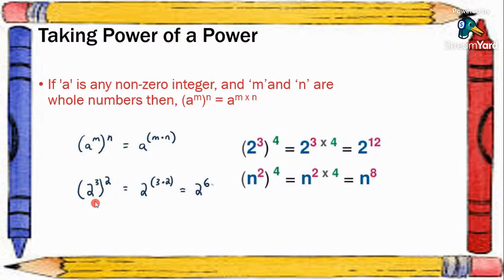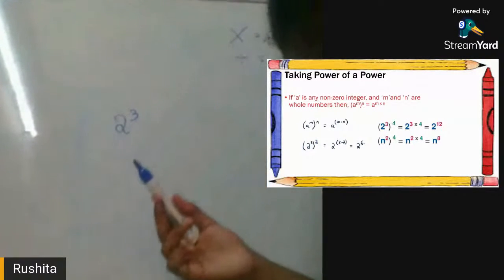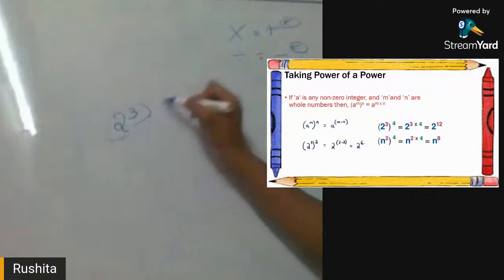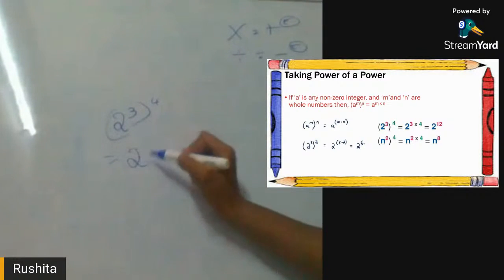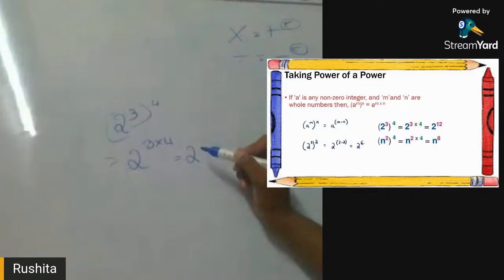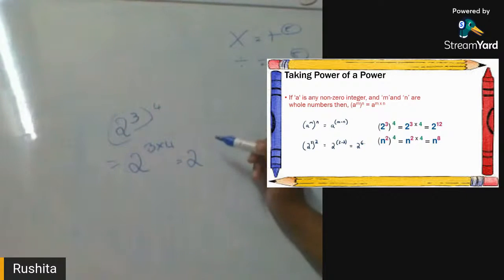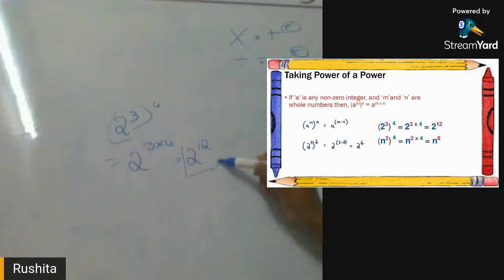Understood? Now let's take the second example: 2 to the power of 3 whole to the power of 4. Now 2 to the power of 3 into 4, which is equal to 2 to the power of 12.